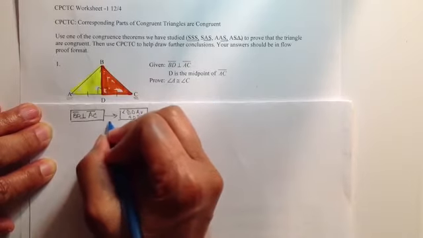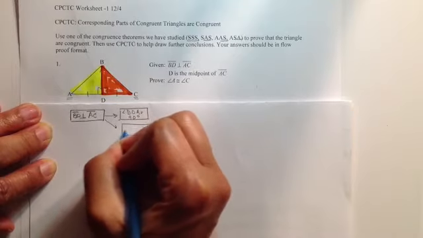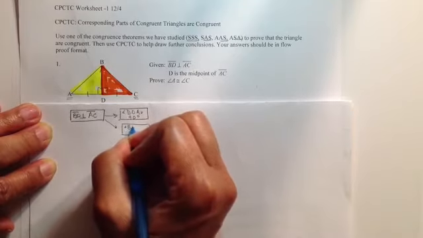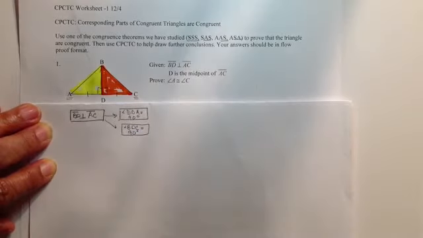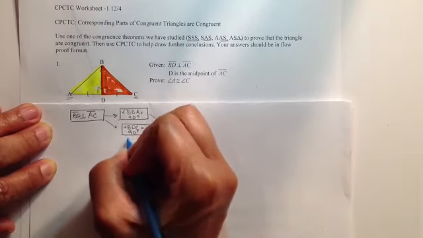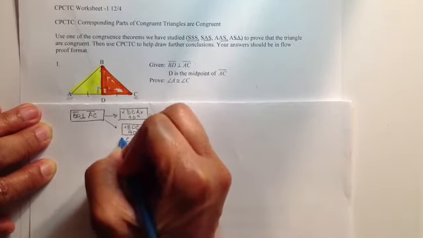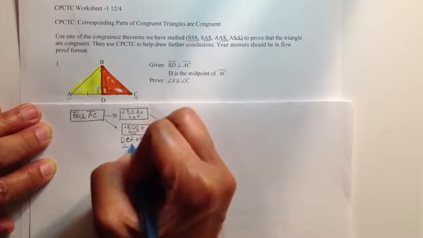And I also know from that angle BDC is equal to 90 degrees. Okay? And why do I know that? That's the definition of perpendicular lines.